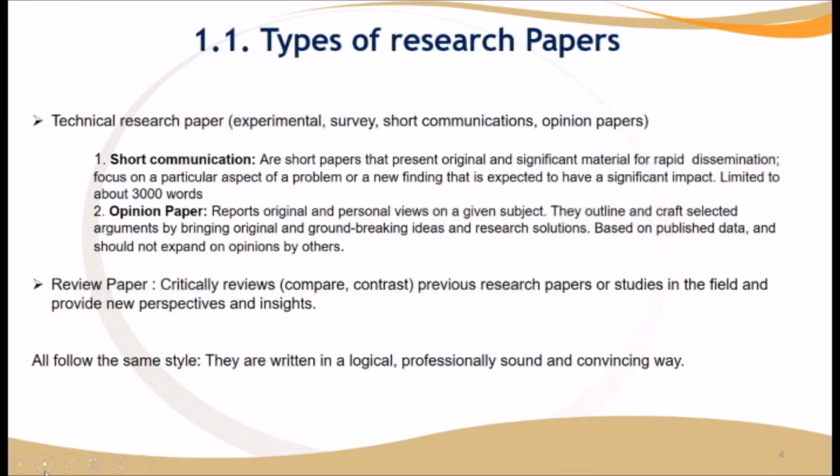Short communication papers are simply papers that present original and significant material for rapid dissemination. They focus on a particular problem or a finding that is expected to have a significant impact, okay? And they are limited to about 3,000 words, depending on the journal that you submit to.